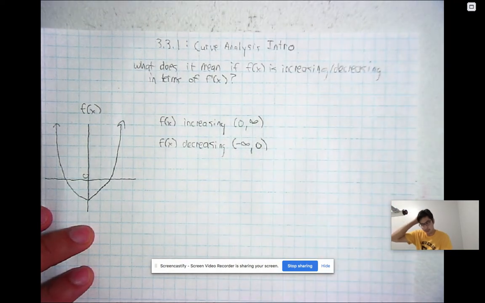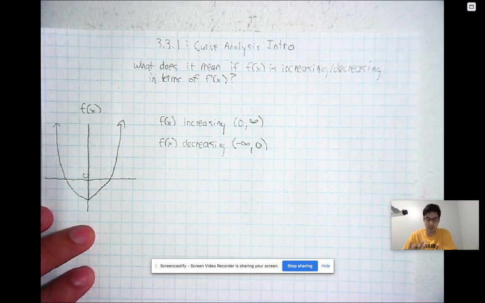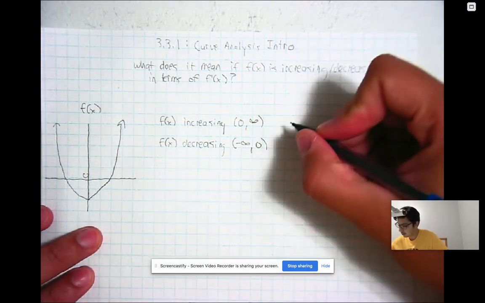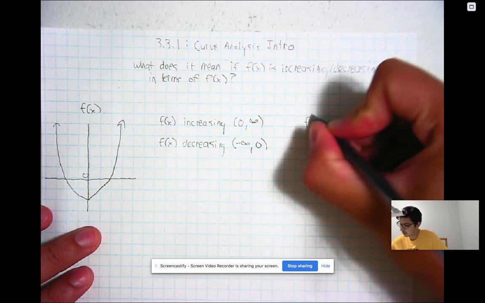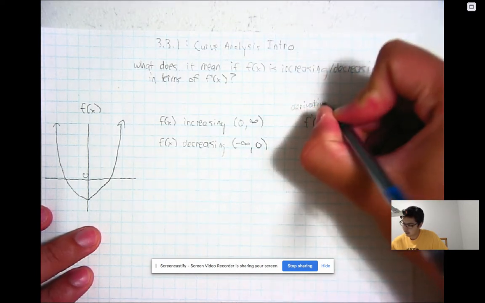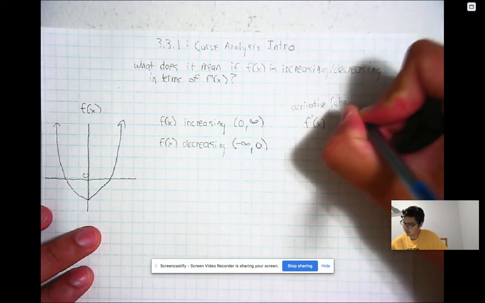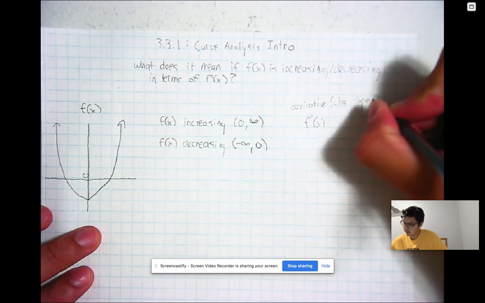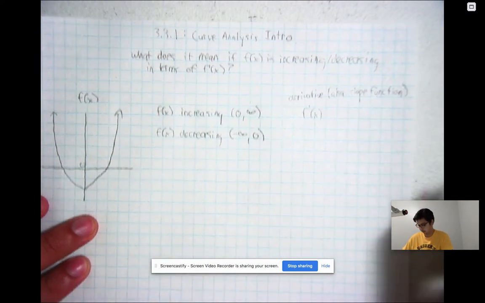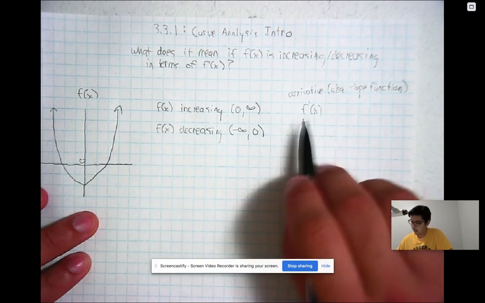Now, what does this mean in terms of f prime of x? Remember that f prime of x is the derivative, but I also want you to think about it as the slope function. So what's happening to f prime of x?